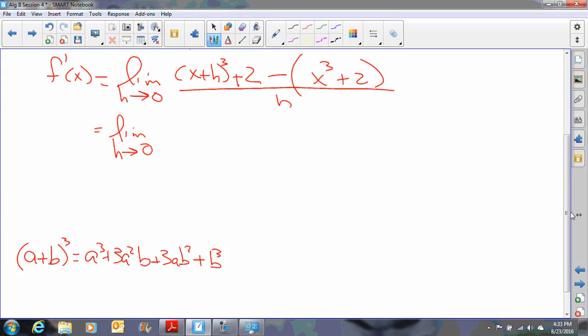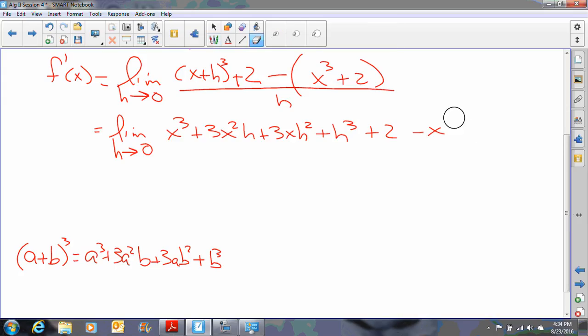So you should be able to just write this as x cubed plus 3x squared h plus 3xh squared plus h cubed plus 2, minus x cubed, minus 2.